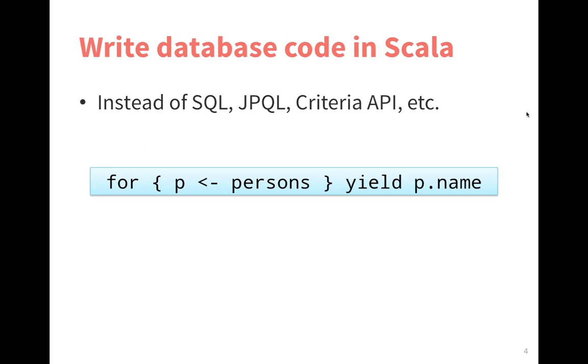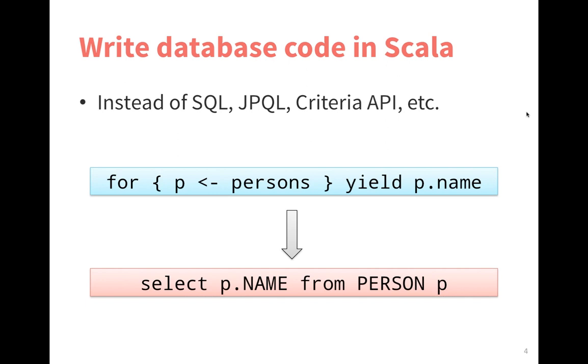So instead of using SQL or its modern-day variant JPQL, or maybe the criteria API in Hibernate, you will be using Scala to write your database queries and define your database schemas and other related things.